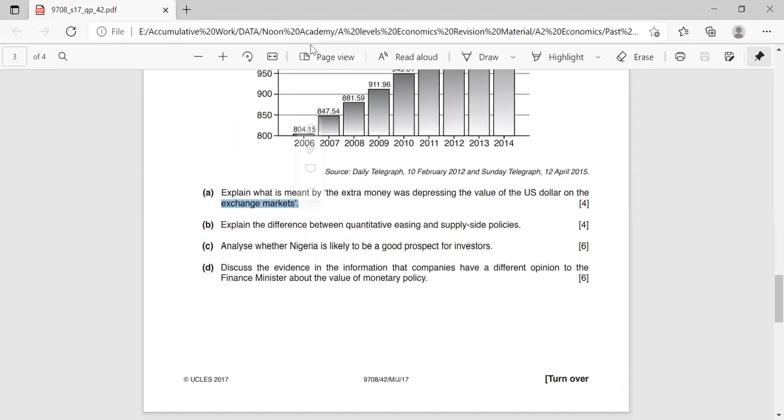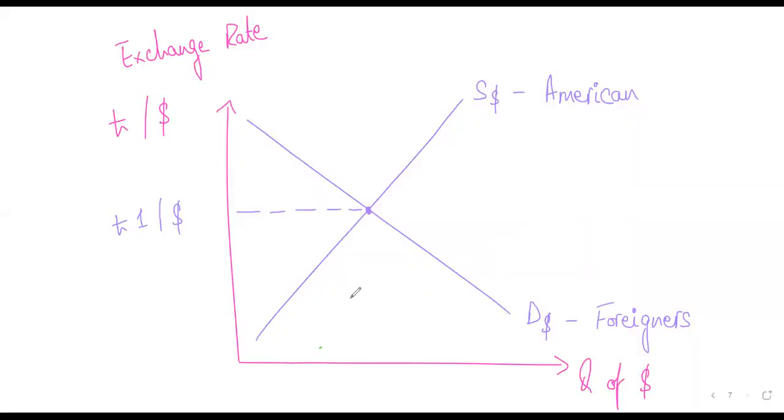When America's supply of dollars is increasing, because Americans are importing more, or going abroad, or investing abroad, the supply of dollars will increase on international markets. When that happens, this is the new supply curve, this is the original demand curve, and the new exchange rate would be lower than what it was previously.